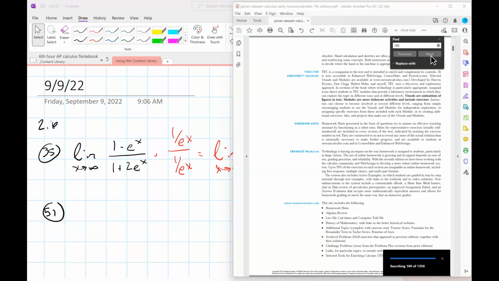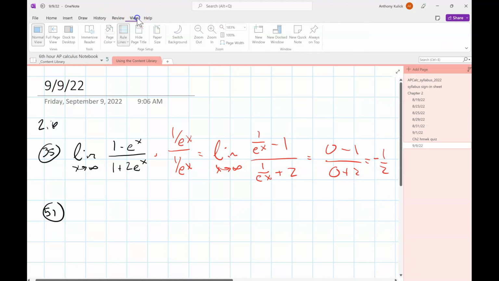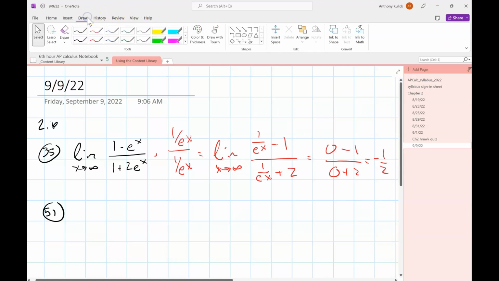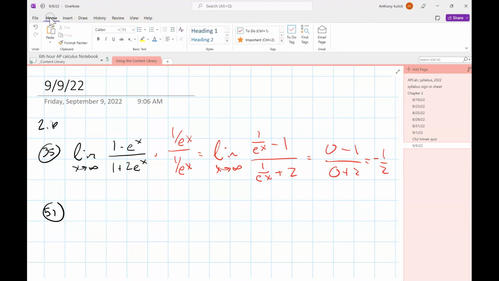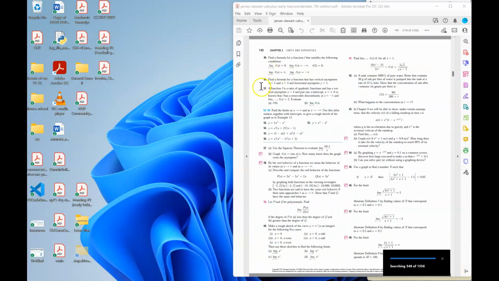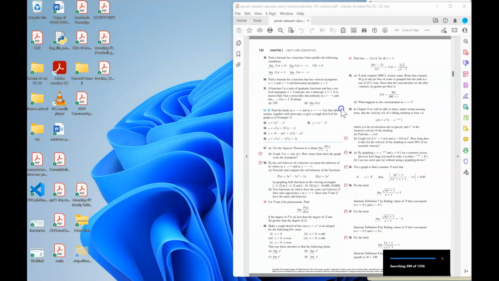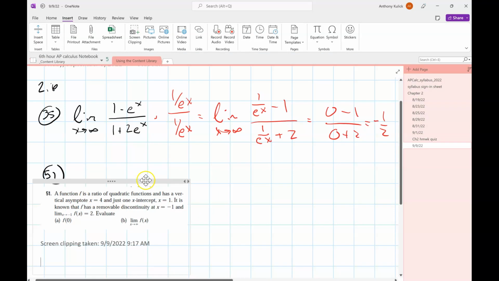This is literally the PDF from the. Oh, yeah, no, okay. That's Adobe. Cool. And then watch this stuff. Oh, okay. Screen clipping. Dang. You're dragging and dropping.